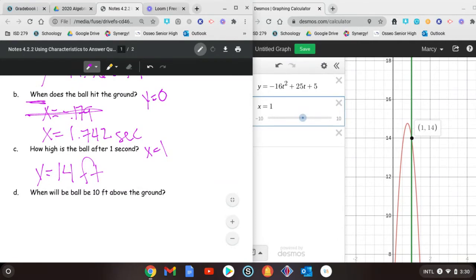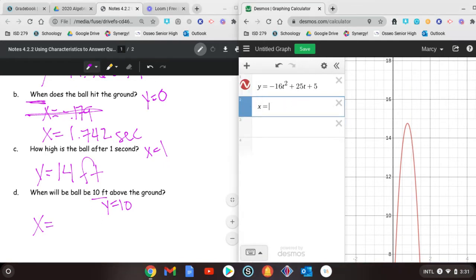When will the ball be 10 feet above the ground? 10 feet is your y value. What they're asking for is seconds. So y equals 10.